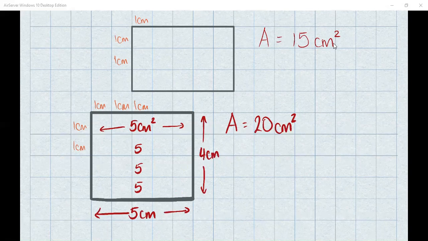So if I think about the rule that we can use, I know that the area is going to be the length going across times by the width. So length times width will give me the area of a rectangle.